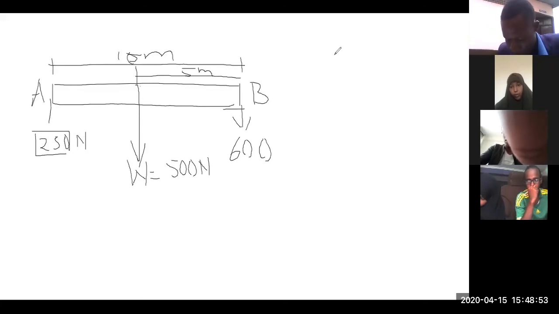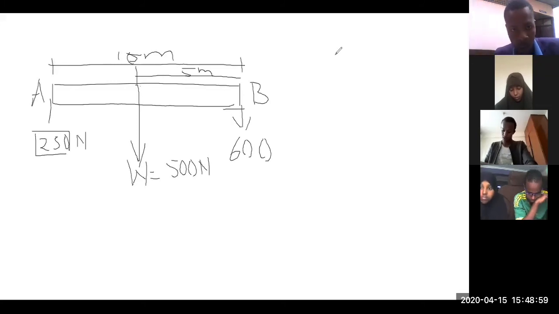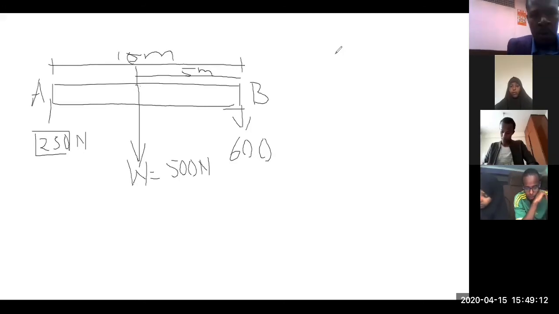Now, we are being asked to determine the distance from the point A where a support should be placed for the plank to balance. Automatically, this question looks tricky, but from your analysis, you should expect that the support cannot be between these points, because you can see we will be having more weight on this side.